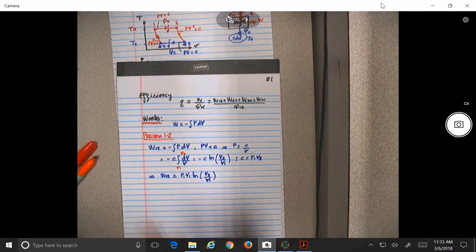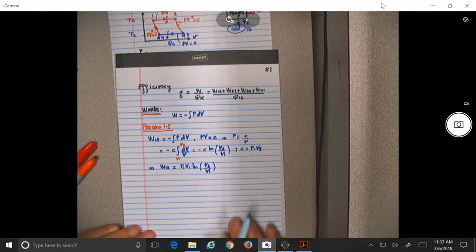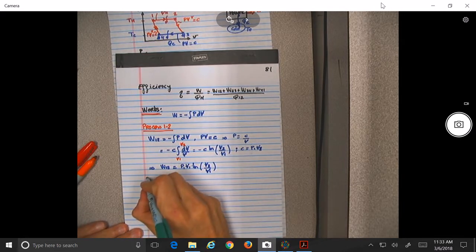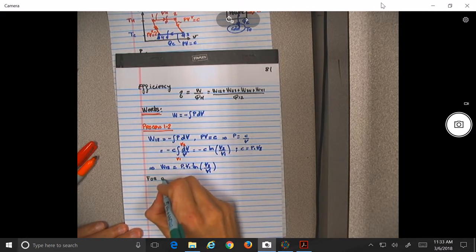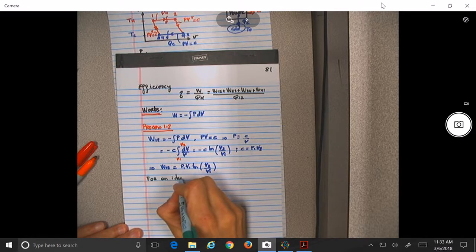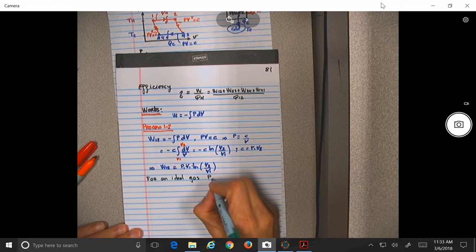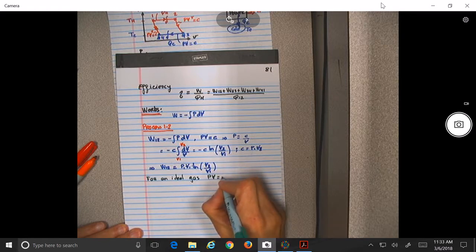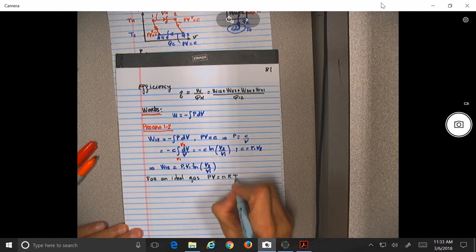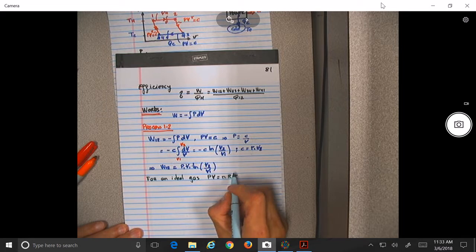Okay, I got a green here, so that's a new marker. So now, for an ideal gas, what do we know? PV equal nRT. Is it n bar? No, n. I think it's nR bar.